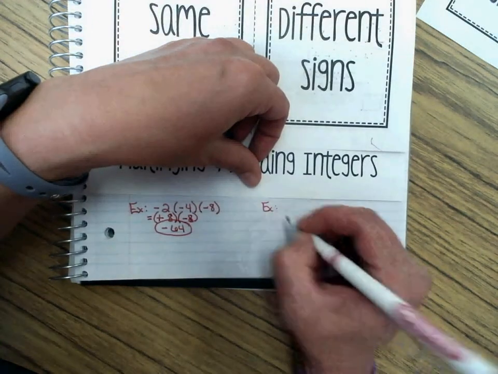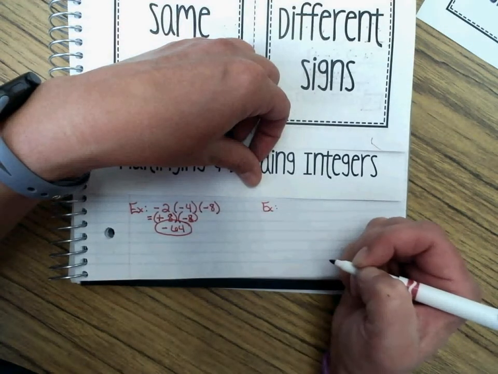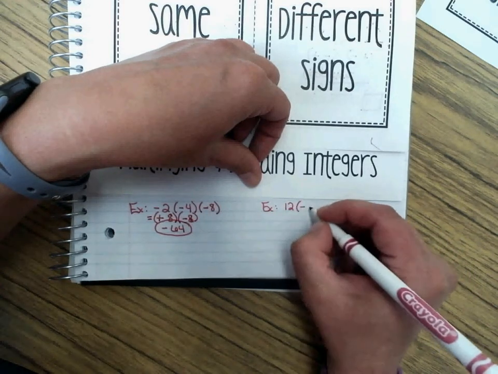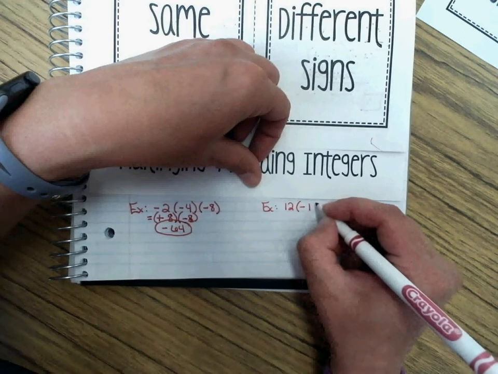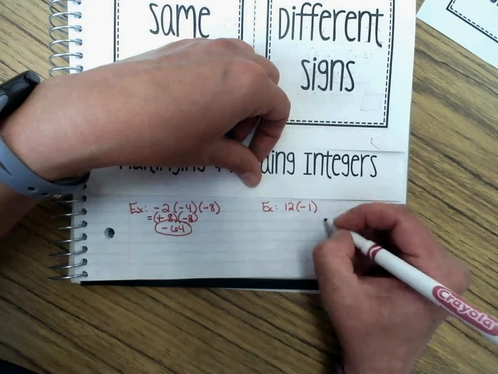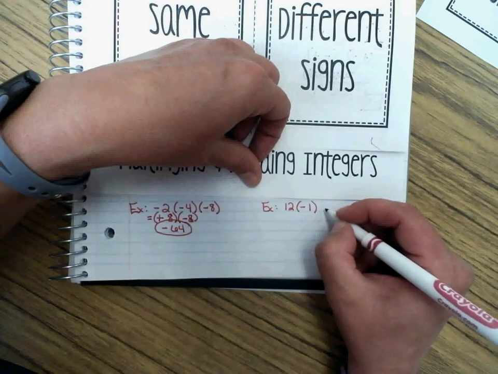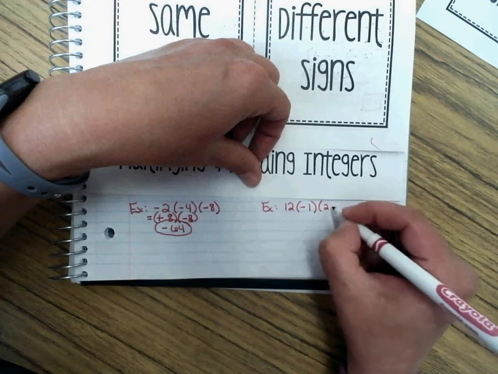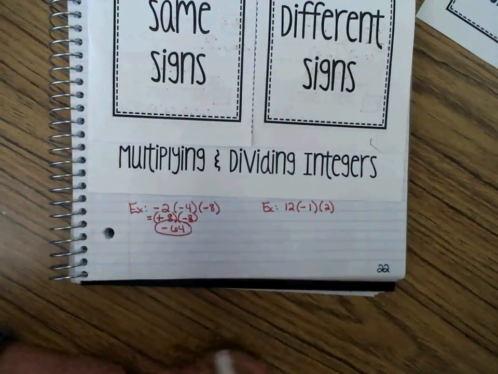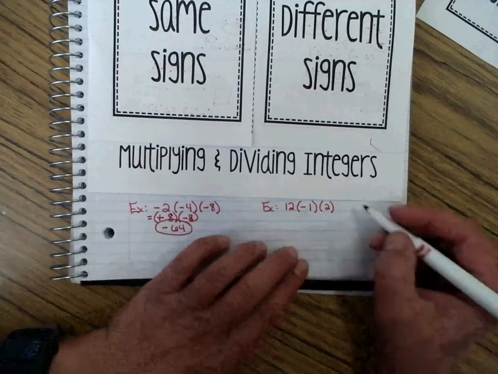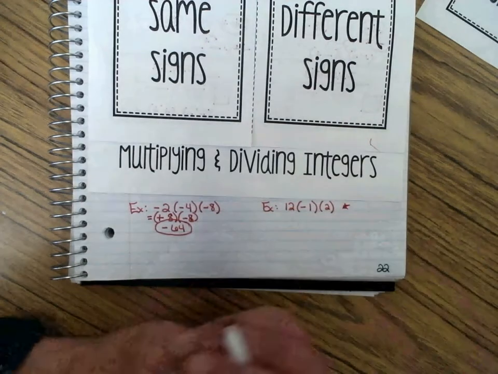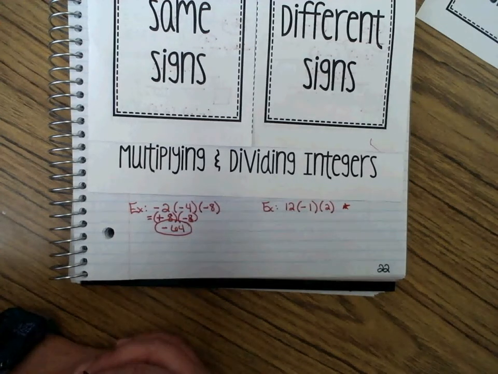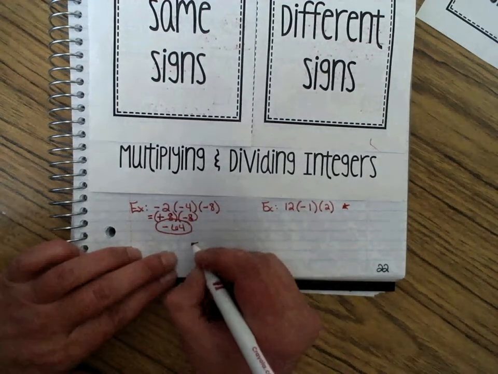So what about this example? When you come into class, I want you to tell me if this example here results in a positive or a negative number and what that number is, what that product is.